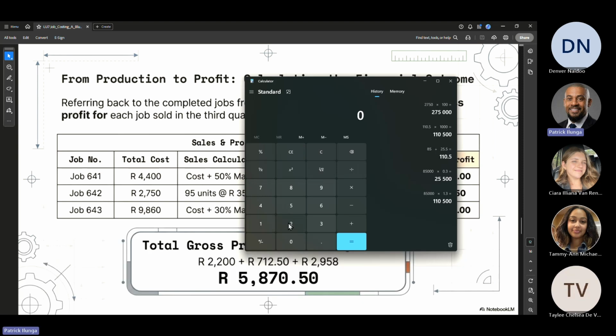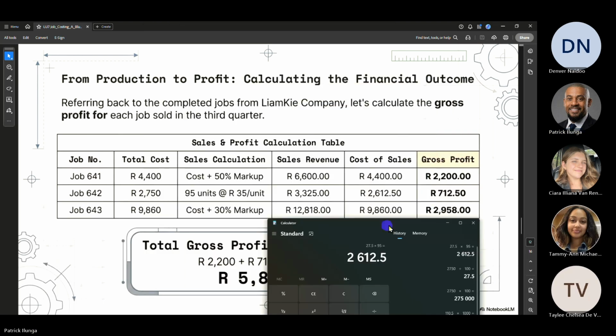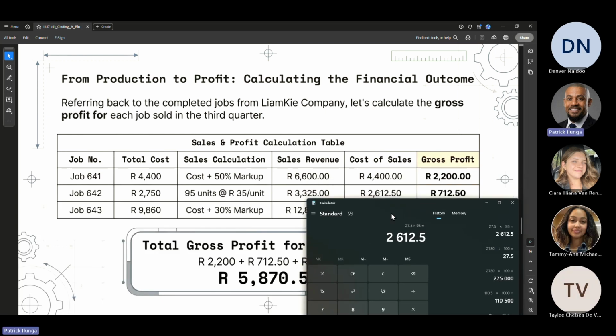That's the reason why you double-check your calculations, right? Divided by 100 gives me this, multiply by 95. So I know now what was the cost per unit, but now for 95 units, isn't that a cost? Are we on the same page? Tammy, Kaylee, Ciara, are we on the same page?